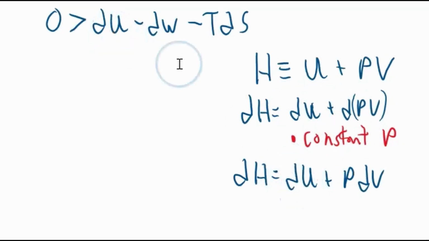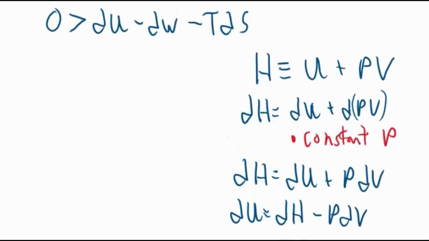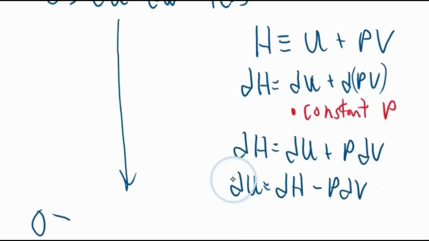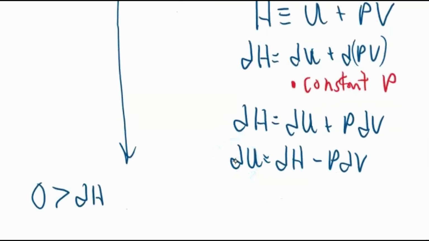Now we have a dU here, so we solve for dU: dU equals dH minus P dV. We'll plug that into this equation, so 0 is greater than dU, which is dH minus P dV.